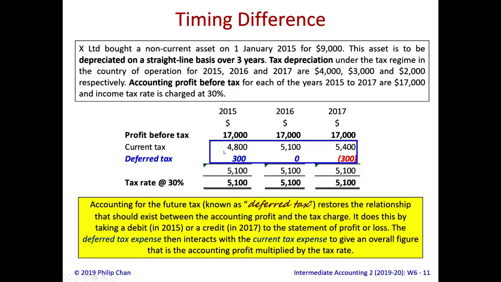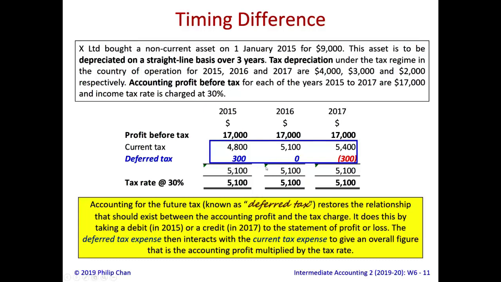As I said in the previous slides, if we calculate current tax based on tax laws, which is the three figures you can see here, then from the accounting point of view, we must adjust and provide a deferred tax entry. In a year when we have tax saving, we add back 300. In a year when we have more tax spending, we have to subtract. At the end, can you see it?